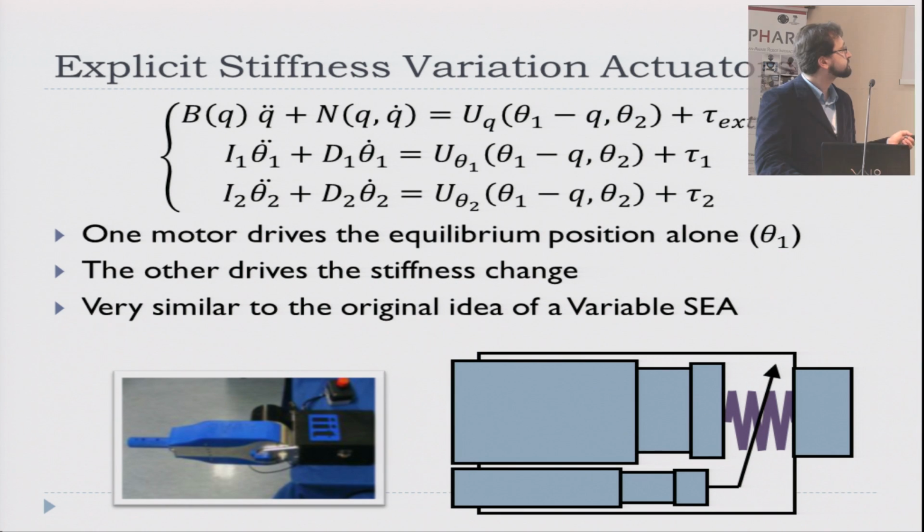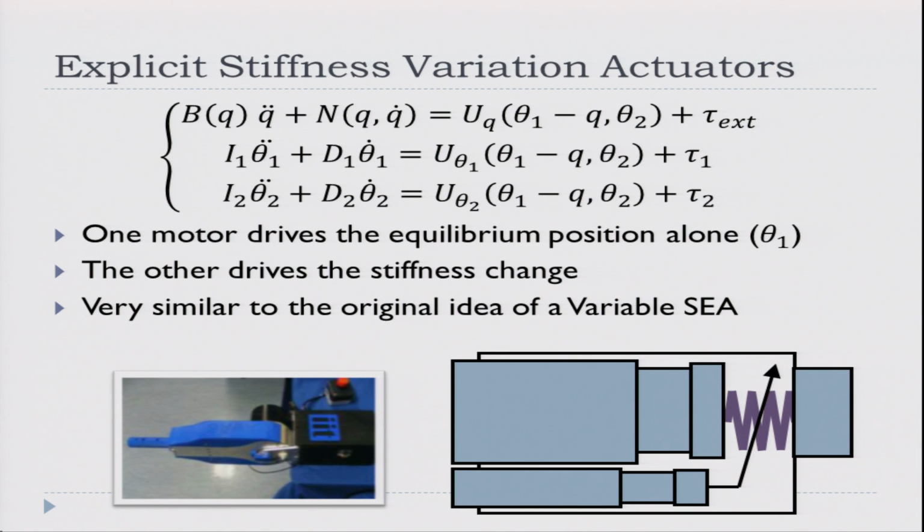So let's look also a little at the categories of variable stiffness actuators, but from the viewpoint of equations. One category of variable stiffness actuator is the explicit stiffness variation actuators, which are somehow the most similar to the original idea of the variable SEA actuator.